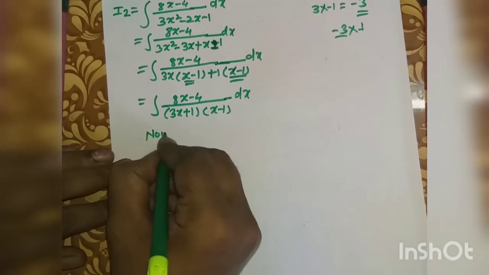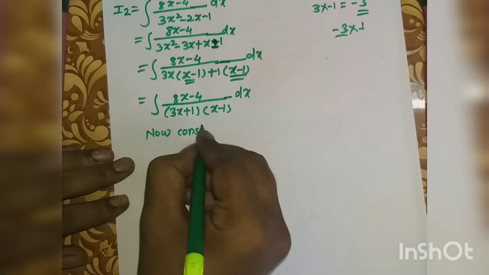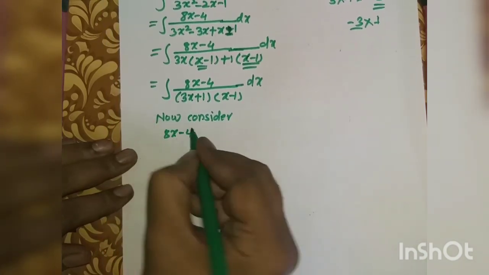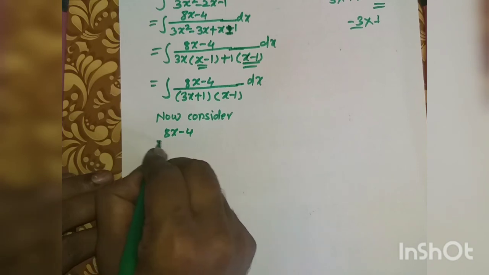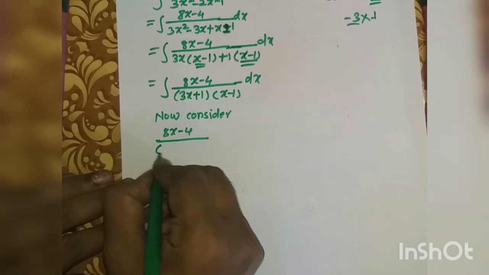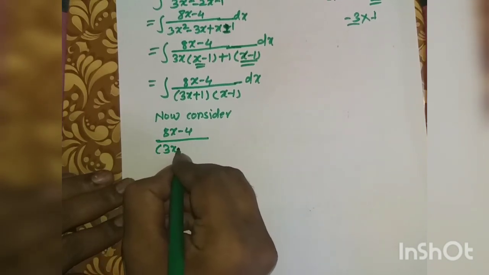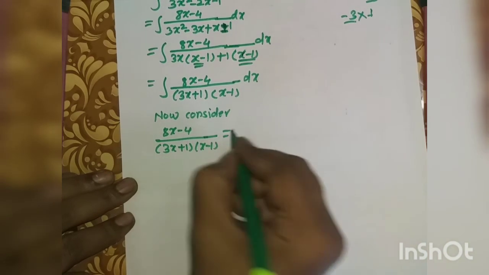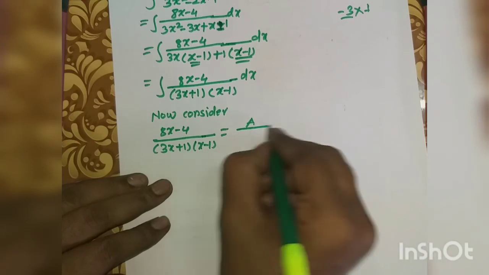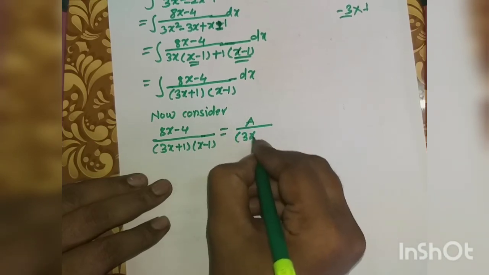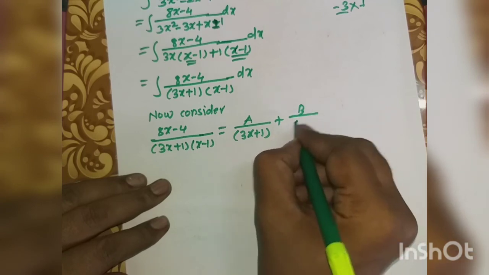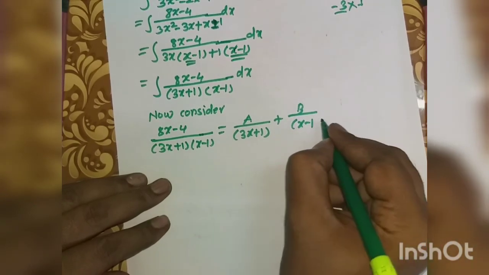Now consider 8x minus 4 divided by 3x plus 1 into x minus 1, which is equal to a divided by the first factor 3x plus 1, plus b divided by x minus 1.